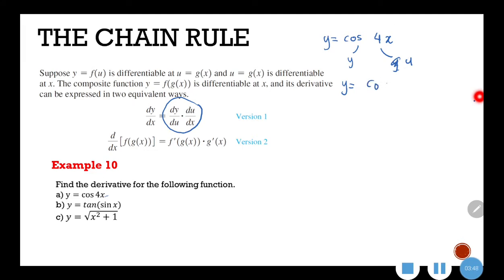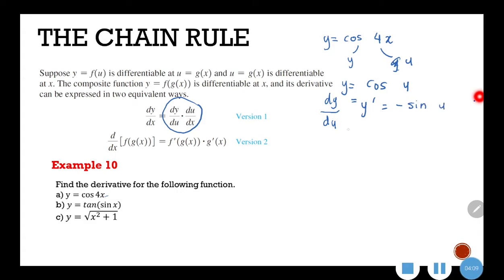So it should be cos u, because we call it u now. Okay, so differentiate against u, dy/du, y prime: differentiate cos u, you will get minus sin u.